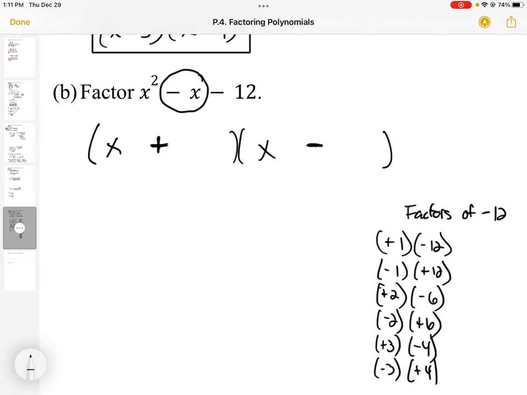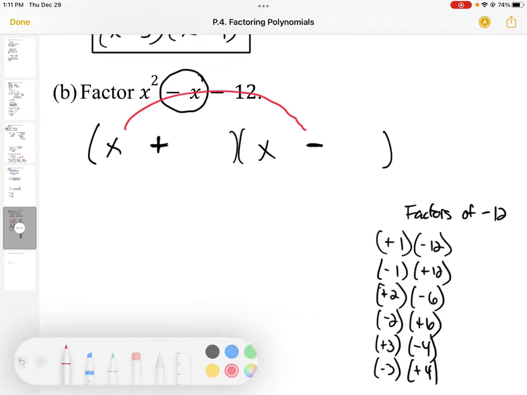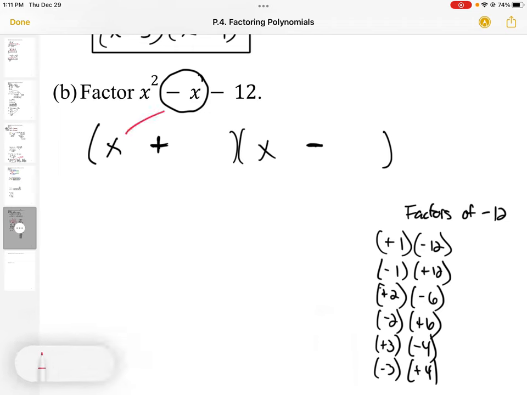So when we multiply these out and check our outers and our inners, we end up adding these together. And because of our signs, we know that our outers, when we multiply them together, are going to be negative, and our inners are going to be positive.